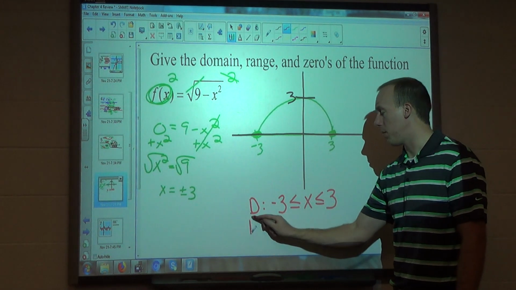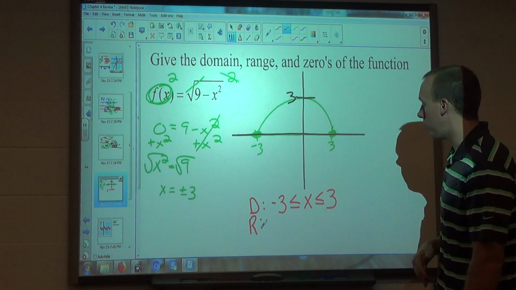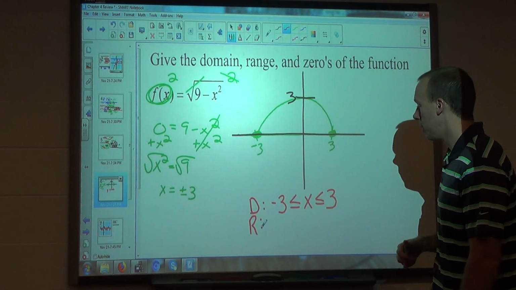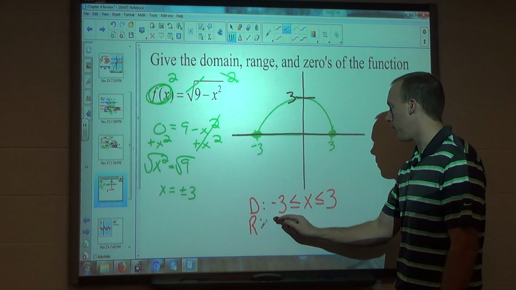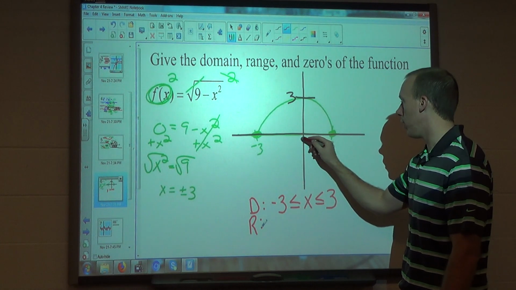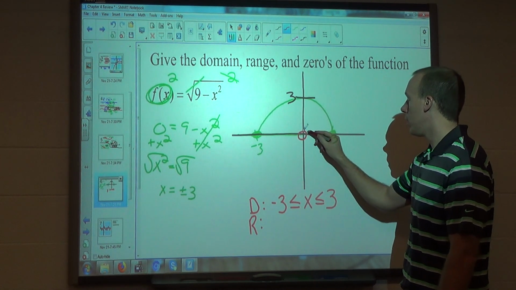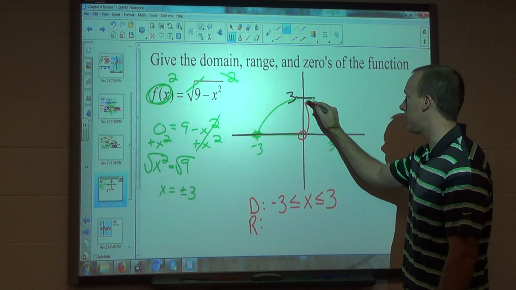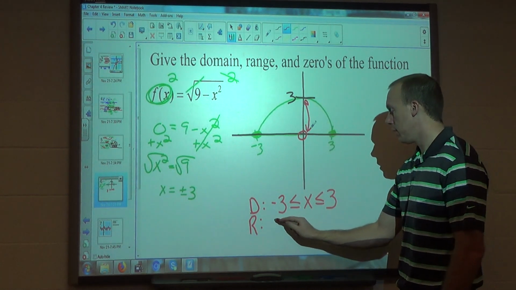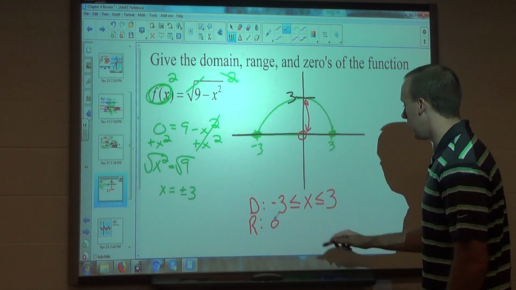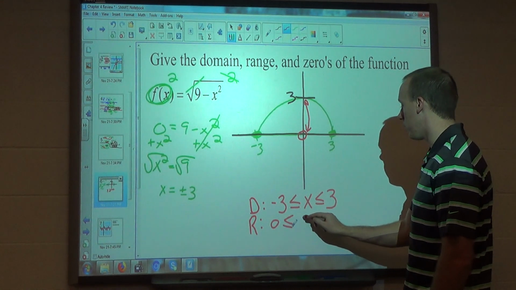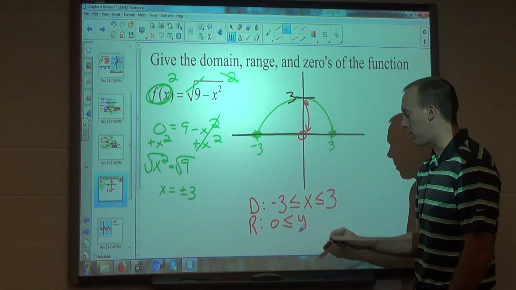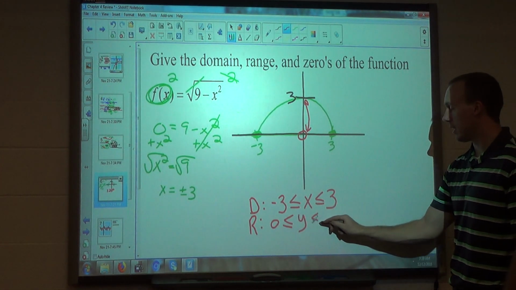Okay, my range are my y values. So my range is the highest and the lowest. So my range is between the lowest would be at 0. So 0 is the lowest, and the highest is 3, and it's in between those two. So I'd say 0 is less than or equal to y because it's the range, which is less than or equal to 3.